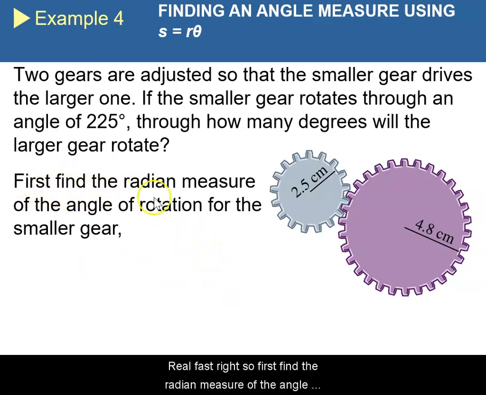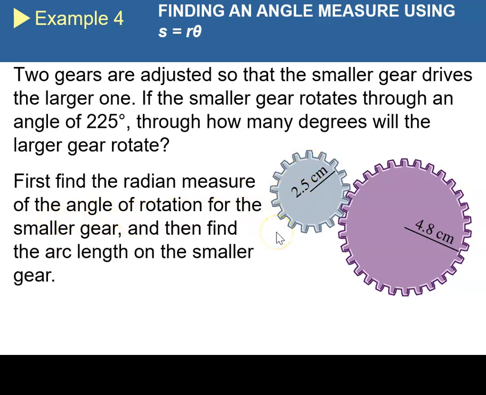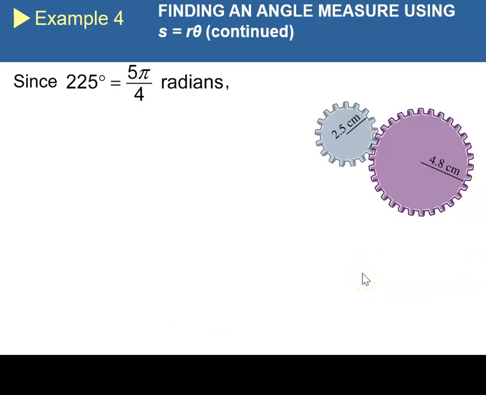First find the radian measure of the angle of rotation for the smaller gear. Then find the arc length on the smaller gear, and this arc length will correspond to the arc length of the motion of the larger gear as well, right? So basically, a more compact way of saying what I just told you.